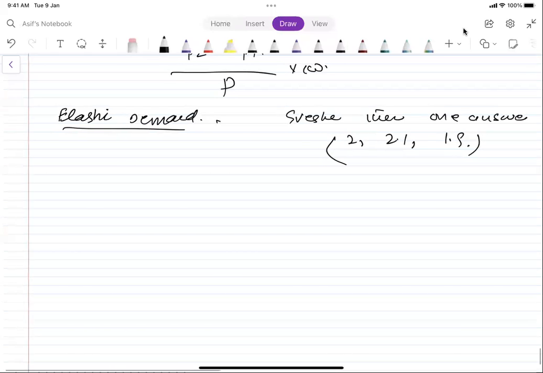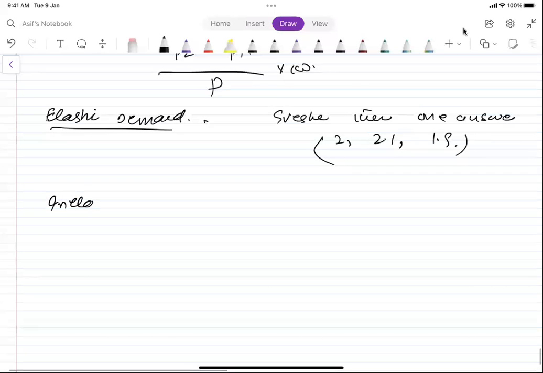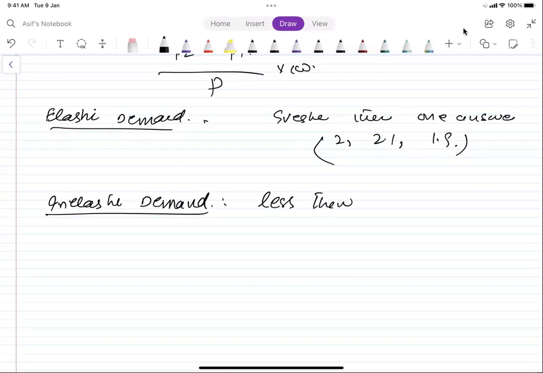And coming to inelastic demand, it will be less than 1. It clearly means that the response of quantity to the change in price will be less than the change in price. So in the case of substitute goods, if the price of Pepsi rises by 10%, the demand for Coca-Cola will rise, but only by 2% or 3%.